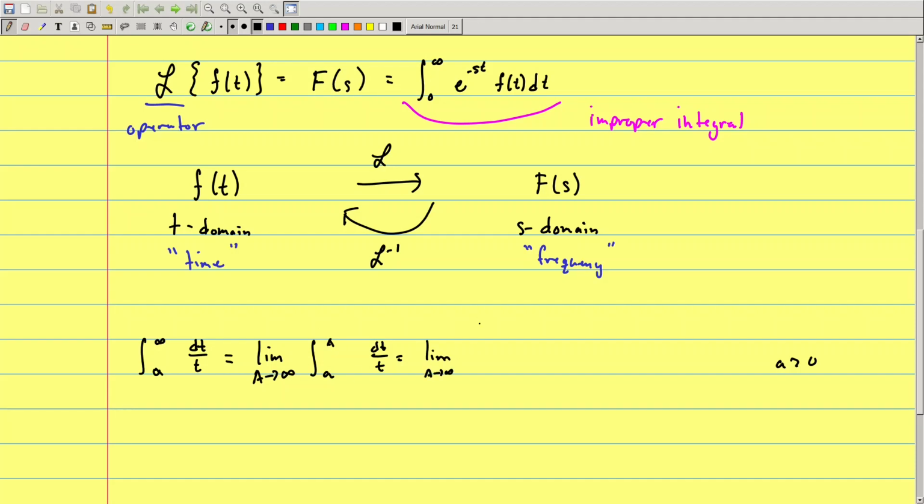This is an integral that we can evaluate. The integral of 1 over t dt is, of course, the natural log of the absolute value of t. We evaluate this at capital A and lowercase a.